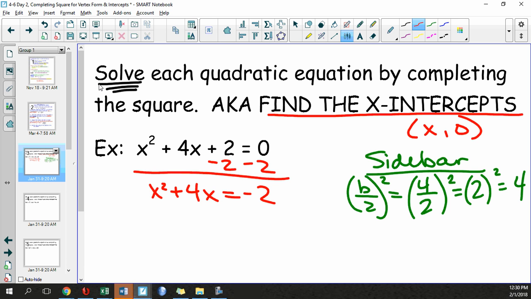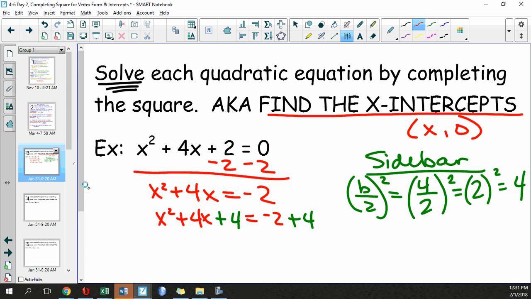We are going to add the b over 2 squared to both sides of the equation, because what you do to one side of the equation, you must do to the other to keep the scales balanced, correct? So I'm going to have x squared plus 4x plus 4 equals negative 2 plus 4. I added 4 units on one side, so I have to add 4 units to the other side. Do we all understand that?